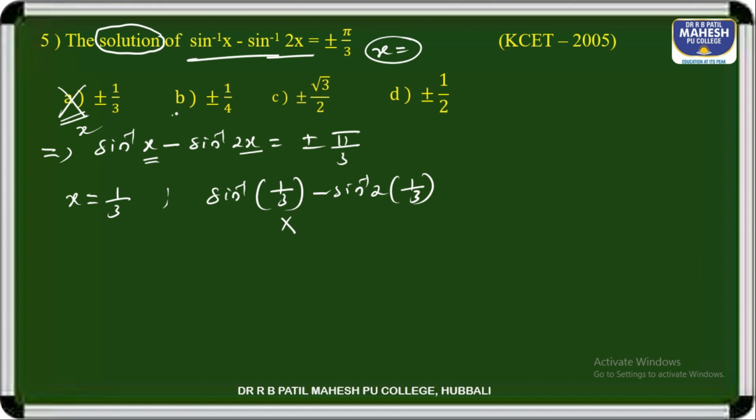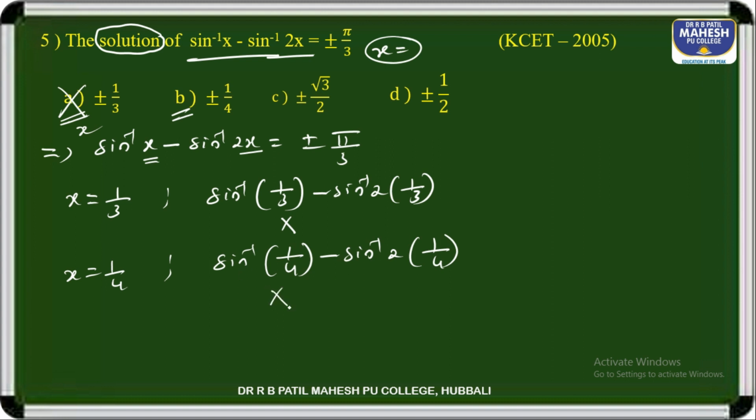Option B, x equal to 1 by 4. Then substitute in the given expression sin inverse of 1 by 4 minus sin inverse 2 into 1 by 4. Are we getting a standard value? Sin inverse 1 by 4, no chance. Sin inverse of 1 by 2 you may get pi by 6, but here you don't have the standard value. Hence x equal to 1 by 4 is also not correct.